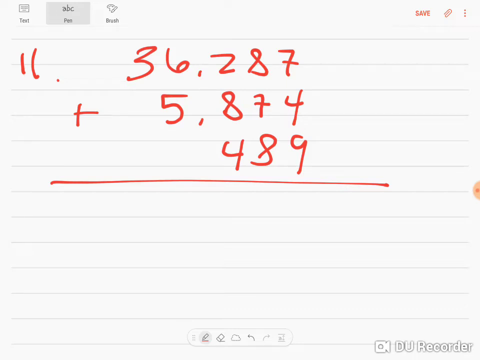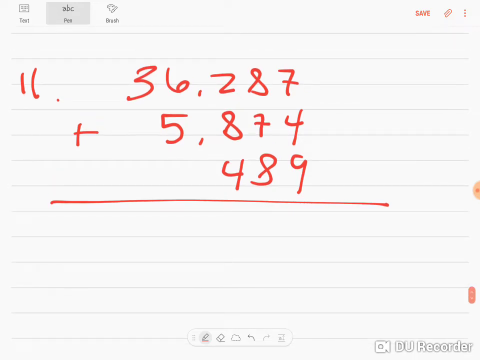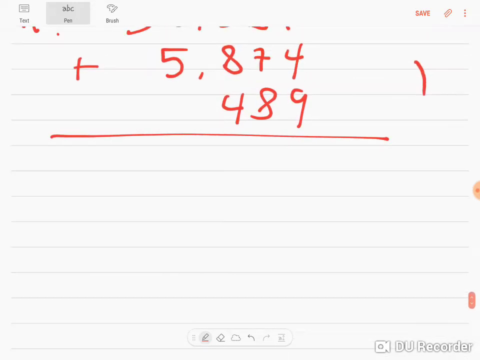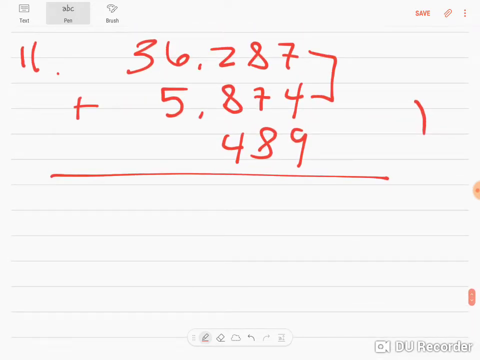All right, so 7 plus 4 is 11, plus 9 is 20. I'm going to put the 0 right here and carry the 2. 2 plus 8 is 10, plus 7 is 17, plus 8 is 25. Put the 5 right there. Carry the 2 again. 2 plus 8 is 10.